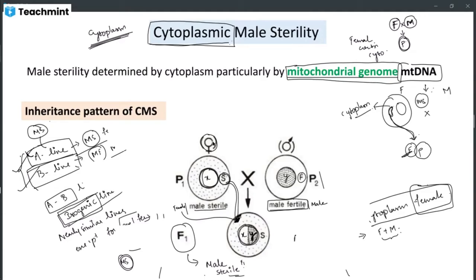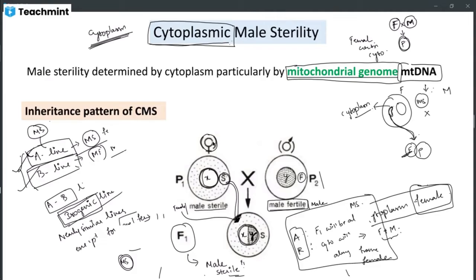There will be assertion reason type questions on this. Assertion: in cytoplasmic male sterility, F1 will always be male sterile. Reason: the cytoplasm will always come from the female side. So what will be the answer? Are both statements true or wrong?